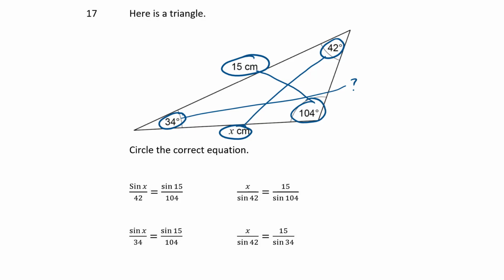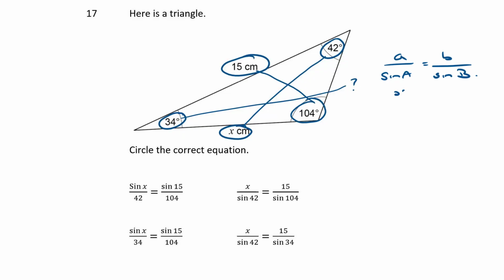Okay, so I can see that x is opposite the angle 42, and I can see that the 15 is opposite the angle 104. So I'm going to write it down using the sides on the top, so like a over sine A equals b over sine B, that way around. Okay, and then let's sub in for x.